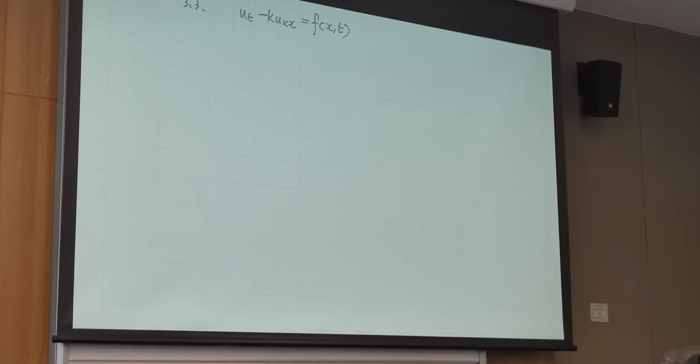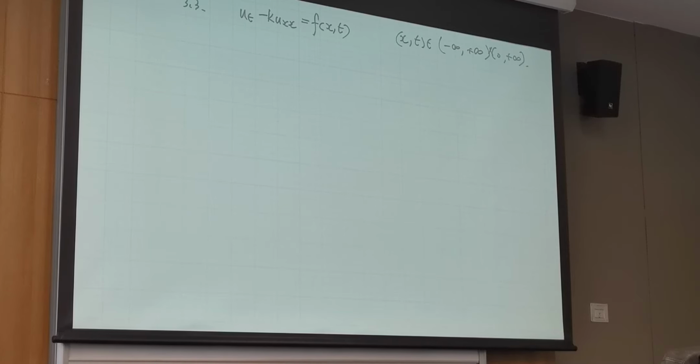So, the rest of 3.3. We were talking about the diffusion with a source, which is the equation u_t minus k u_xx equals f(x,t), where this is the diffusion on the whole real line, so x and t belong to negative infinity to positive infinity and from 0 to infinity.